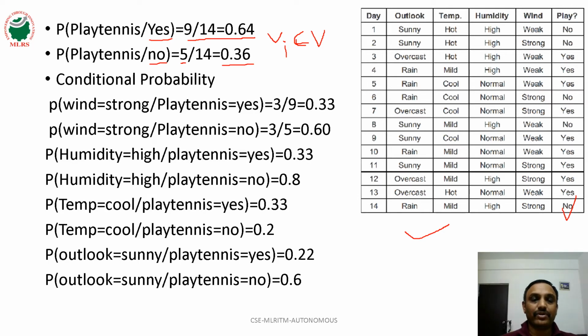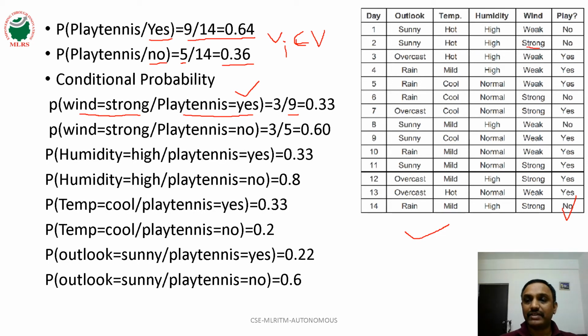So for example, wind equal to strong given play tennis is yes. How many days have we played tennis, yes? 9 days are present, so we take that as the denominator. Out of those 9 days, we look where wind is strong.